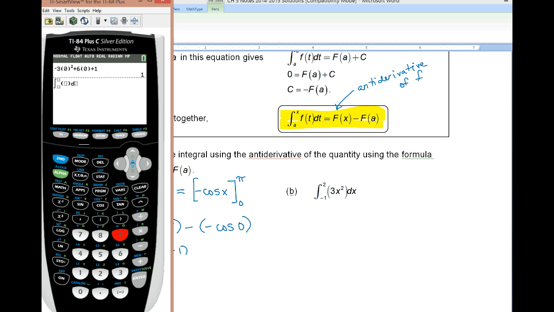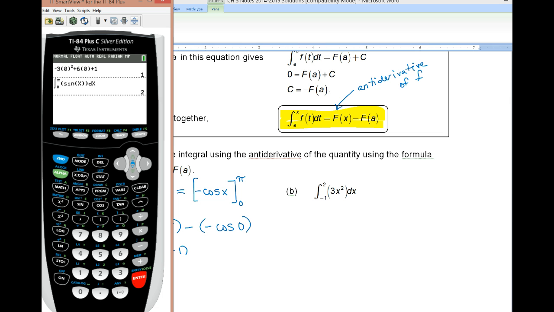I'll show you how to type that in. We put in 0 to pi, and then sine x, and then dx.